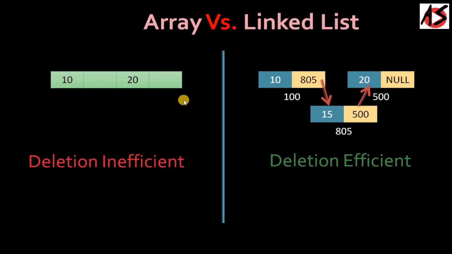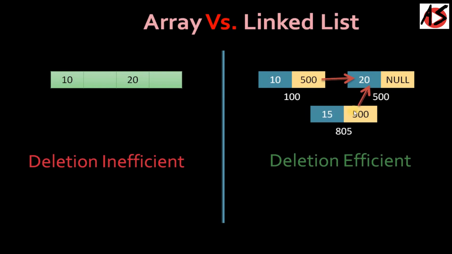While in the linked list, you can update the link, instead of 805 you update it as 500, and this element gets deleted automatically, because from the first node you can reach to the second node, not this one.